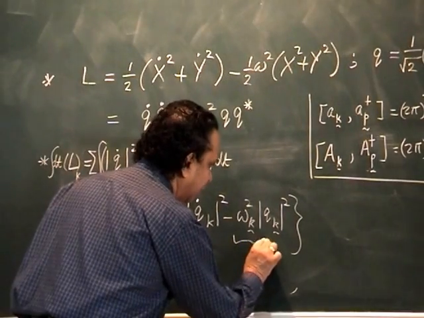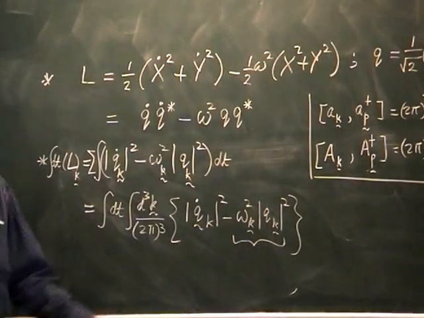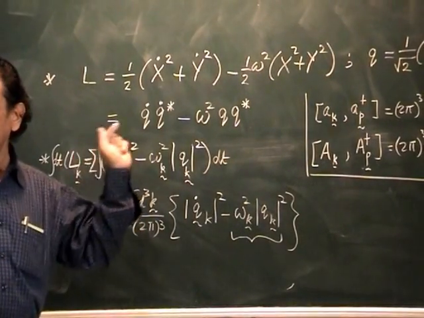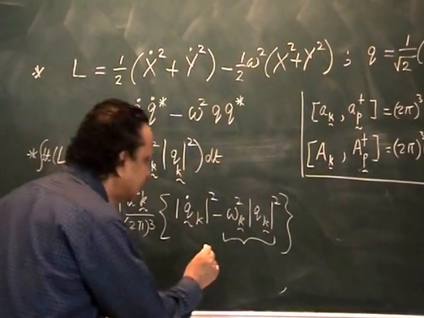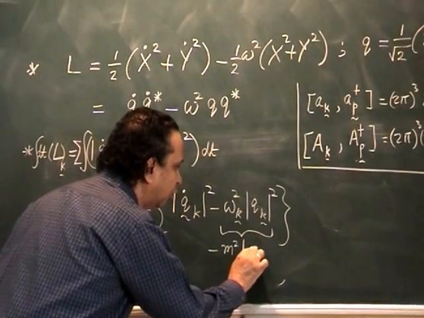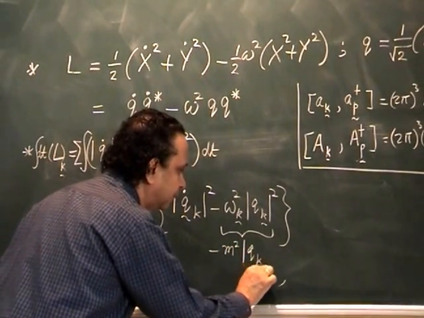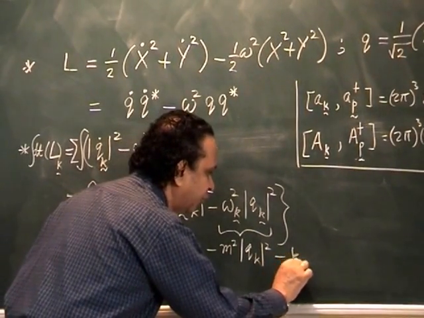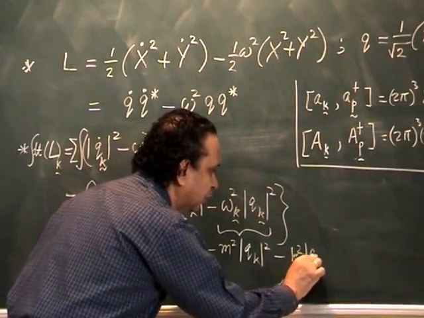Same goes for this. But in this, we want to do it in a slightly different way. In fact, we have to do it in a slightly different way, because there is a k lurking inside this when we are doing the integral. So I have to separate that out. So I have to write this as minus m square mod qk square, then I get a minus k square mod qk square.